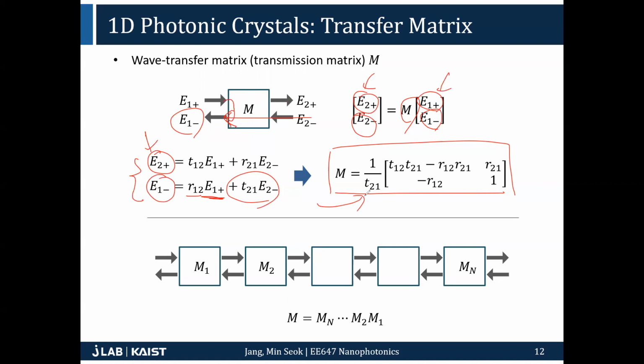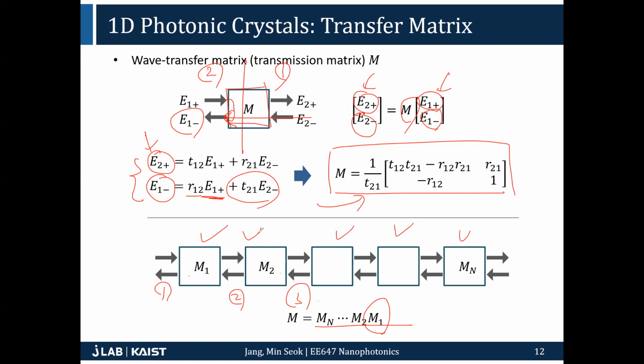What's the beauty of the transfer matrix is that with it, you can find the relation from one side of a layer to the other. So if you have multiple layers, all you need to do is multiply matrices, because say M1 connects this and this, M2 then connects this and that side, and so on.